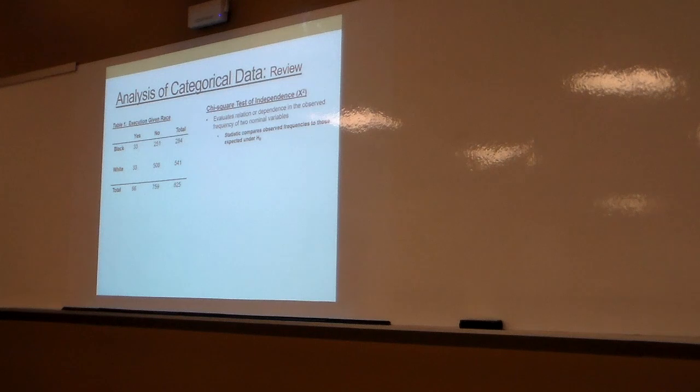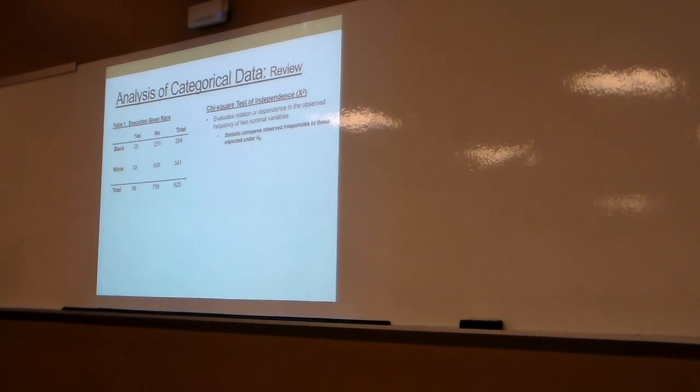With these categorical analyses, a good understanding of just basic chi-square categorical tests starts to become important to help get a better understanding of some of the stuff that's going on in here. So our chi-square test of independence, we're looking at the relation, the dependence, between the observed frequency of 2 nominal variables, right?